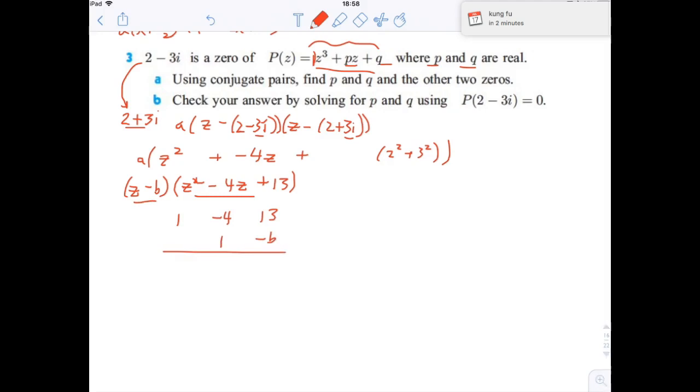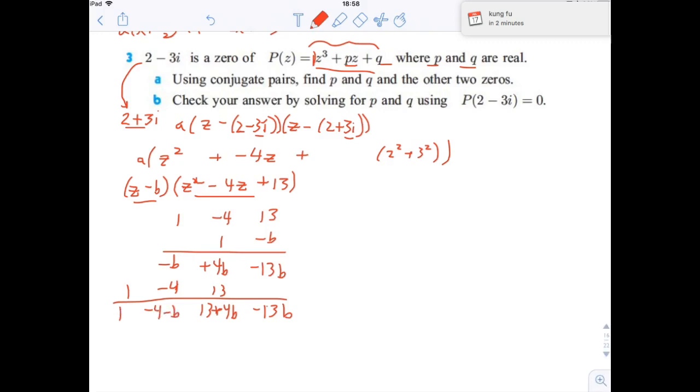And so that would be negative 13b plus 4b minus b, and this would be 13, negative 4, and 1. And if I add these up, 13 plus 4b, negative 4 minus b, and 1.